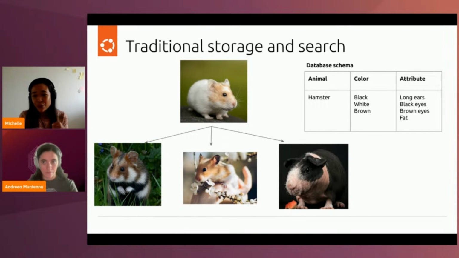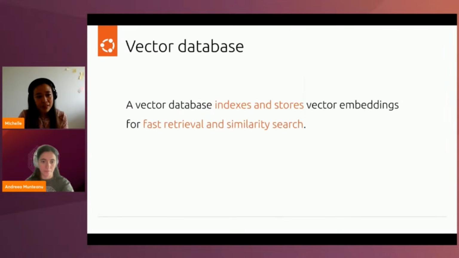You have to put those attributions of a specific content in a way that you create those tables and rows. And with the advent of unstructured data, like a lot of sensor information, photos, audio, social media platform information, this becomes a very big chunk of data that a different type of database has to cater. And that's where a vector database comes into the picture. A vector database has a way to actually index and store vector embeddings for fast retrieval and similarity search.